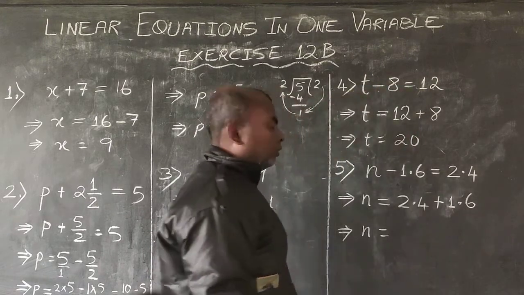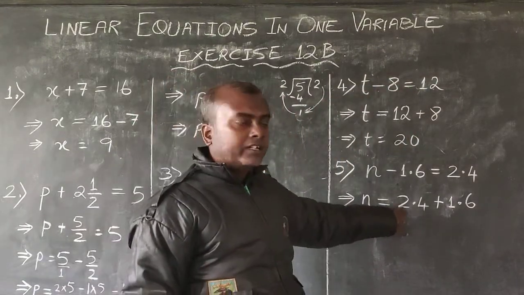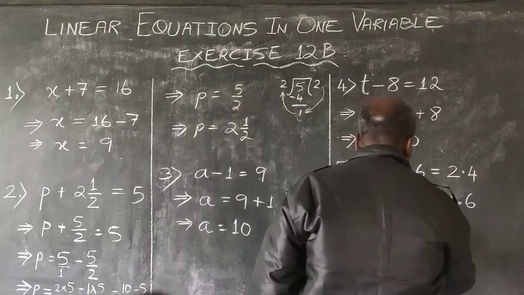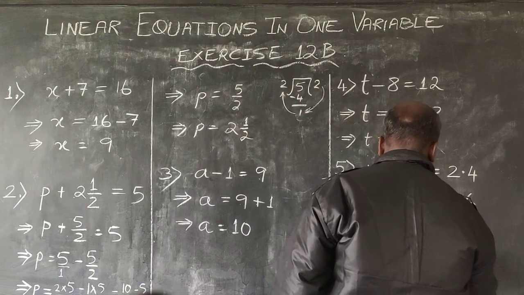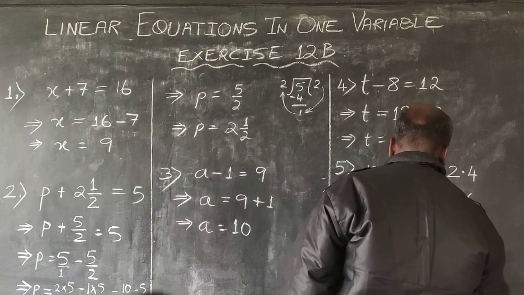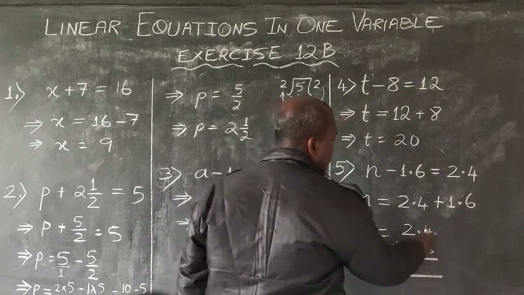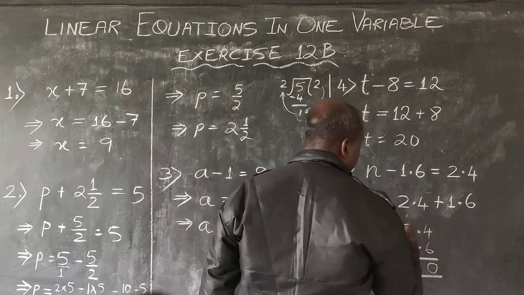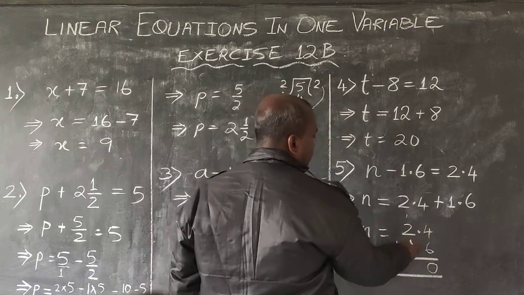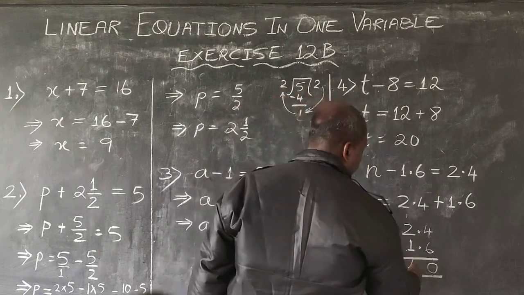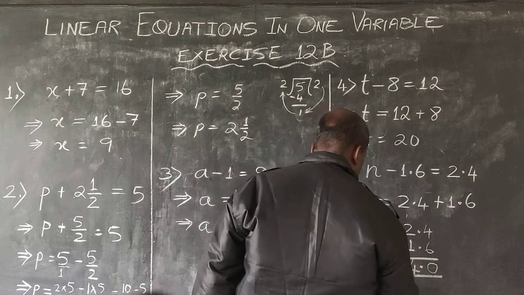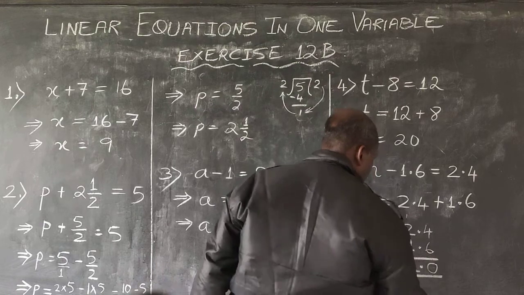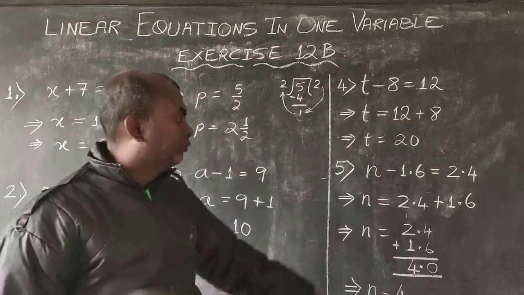So in that process, minus 1.6 becomes plus 1.6. So now all we have to do is add these two. So let me do the addition here only. Let's add 6 plus 4 is 10, carry 1. 2 plus 1, 3 plus carry 1, 4. 4.0 can simply be written as 4 only.